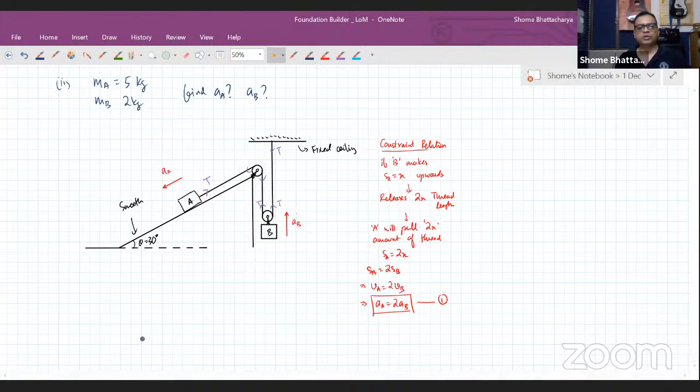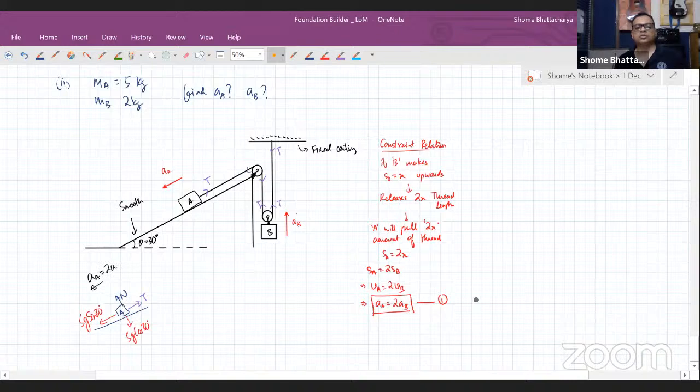Okay, so next from the free body diagram of A, you can see that there is 5g sine 30 degrees, tension, normal reaction, but more importantly, acceleration of A, which we can write as 2a.